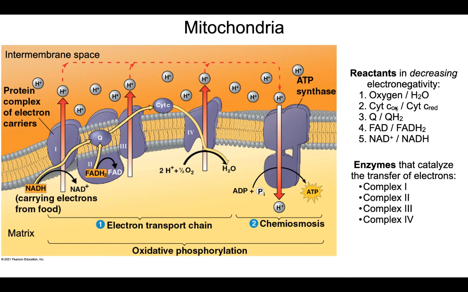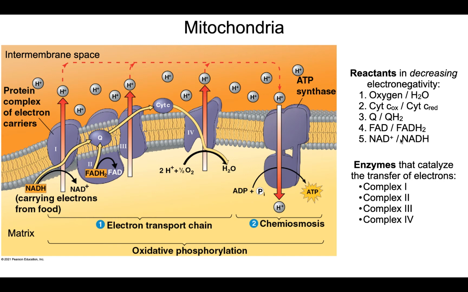And I showed them as what's called a redox pair. This is oxygen before it grabs those electrons. This is oxygen after it grabs those electrons and hydrogens. So oxygen and water are a redox pair. Cytochrome C, when it's oxidized, when it's not carrying those electrons, is cytochrome C oxidized, and when it's reduced, it's cytochrome C reduced, and so on and so forth.